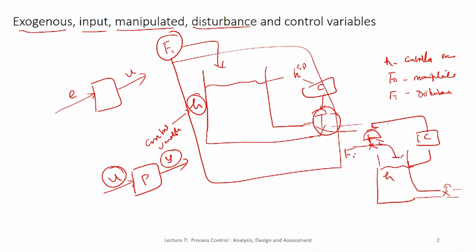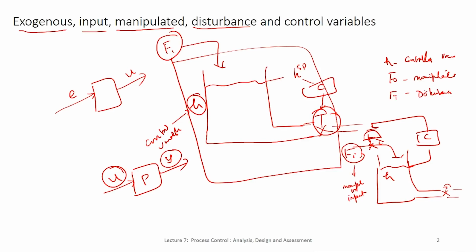Now, what I am doing is that the height or the control variable of the tank is being controlled by manipulating this valve, which means I am manipulating the inlet flow rate. So, something which was basically a disturbance variable in the last example becomes the manipulated variable or an input variable.